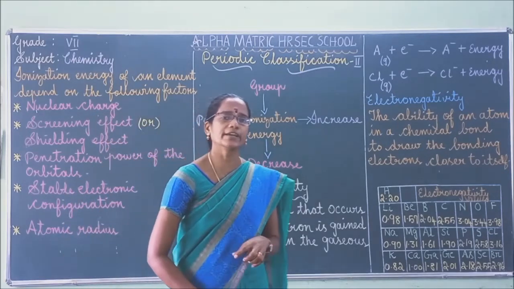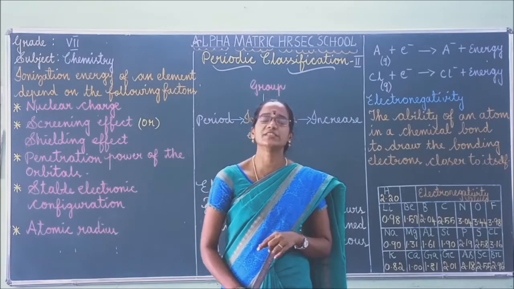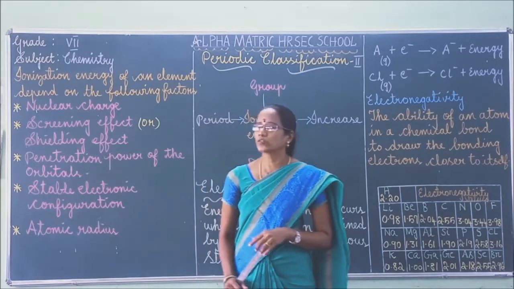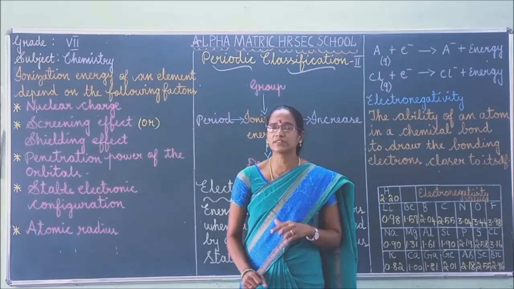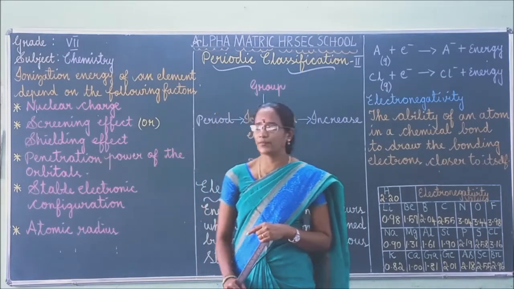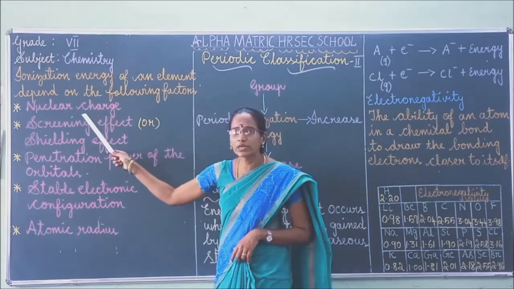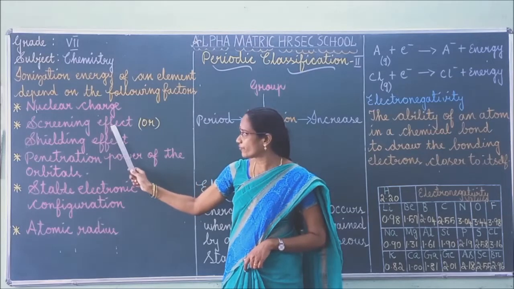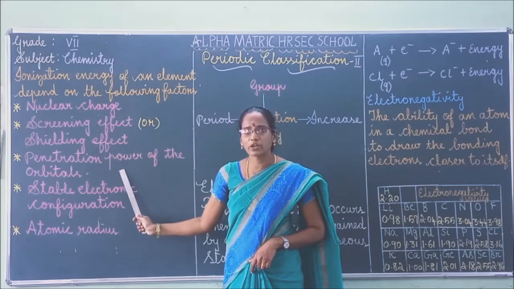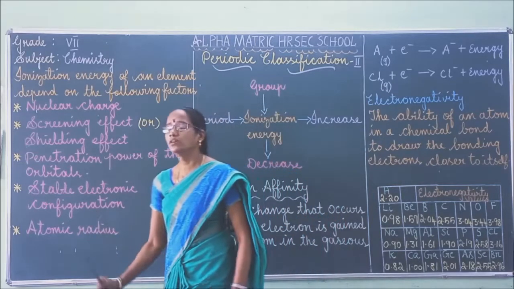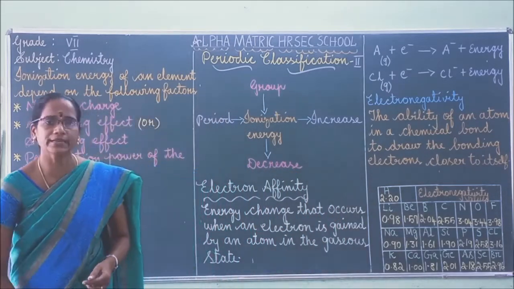And already I told you ionization energy is measured in kilojoules per mole, right? So these are the factors which affect the ionization energy of an element: nuclear charge, screening effect, penetration power of the orbitals, stable electronic configuration, followed by atomic radius.